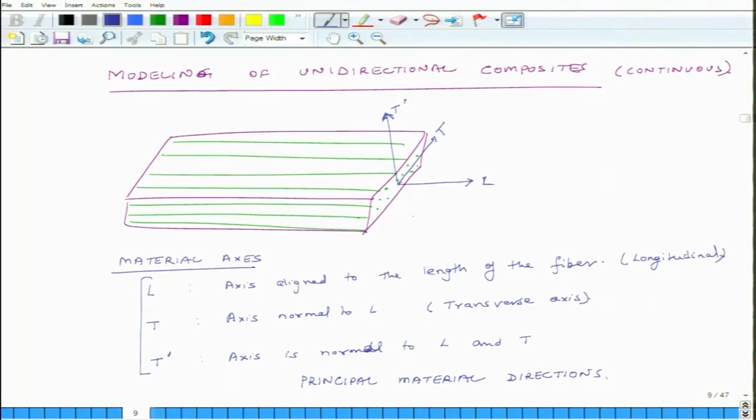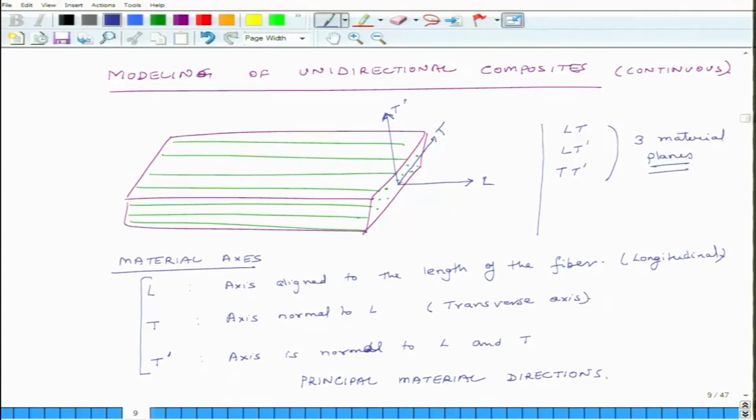Now, in this material system, if I have a unidirectional composite and this is just a flat layer, and in this layer all the fibers are running in the L direction, then these 3 planes, the plane LT, the plane LT prime and the plane TT prime, are 3 material planes, and within these planes the material properties will be isotropic, for exactly the same reason which we had explained in the last class.